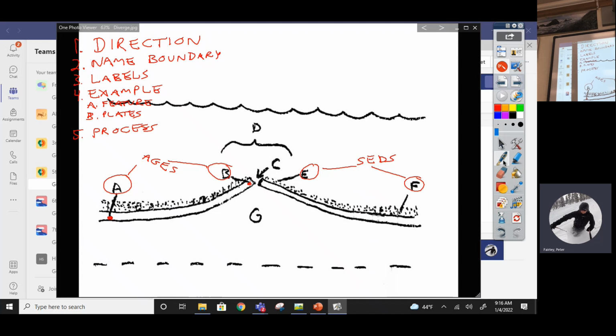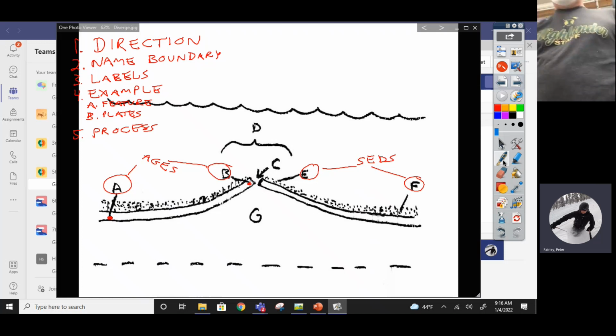So I want to point out that this diagram is just a cross section. If you want a more three-dimensional view, look at this drawing I just put on the board.